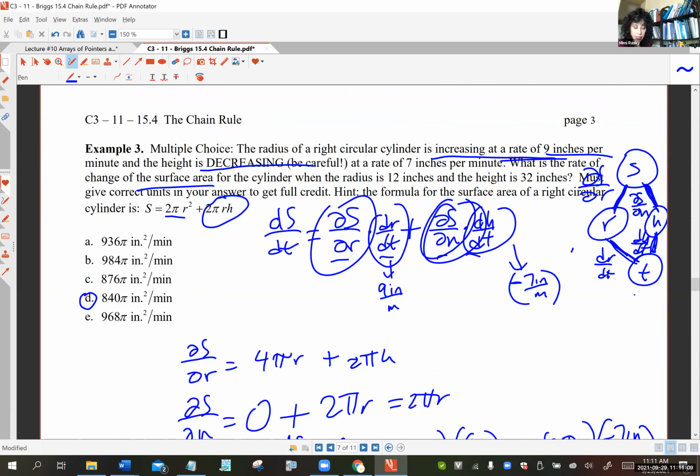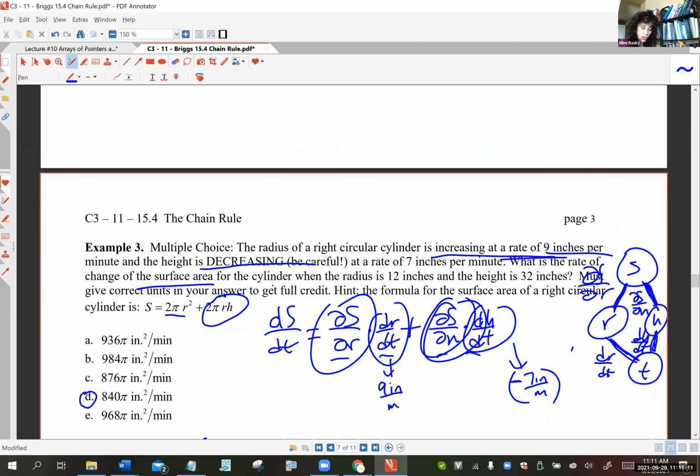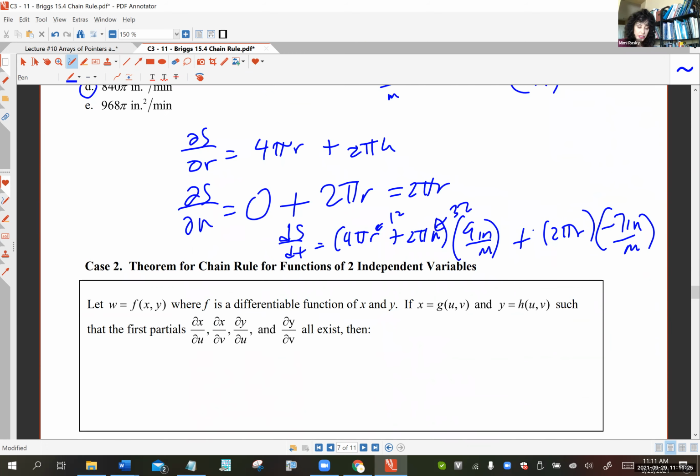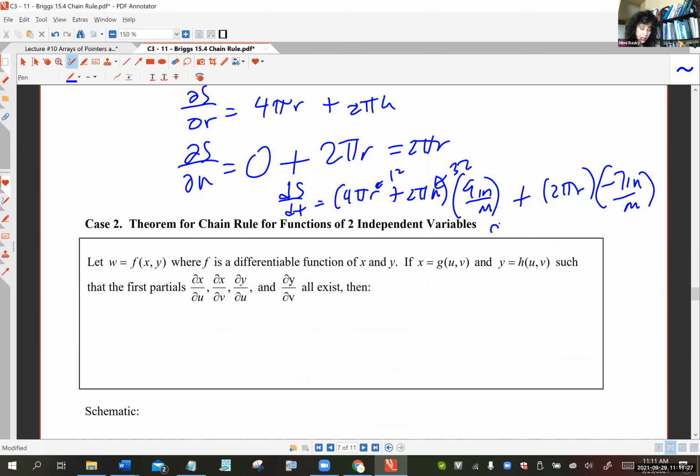Now, what about the r and the h? What goes there? Well, they told you that at the moment they wanted that change of surface area, the radius was 12 inches and the height was 32. So you're just going to put 12 in place of the r's and 32 in place of all the h's, and then multiply it out and watch your units here.